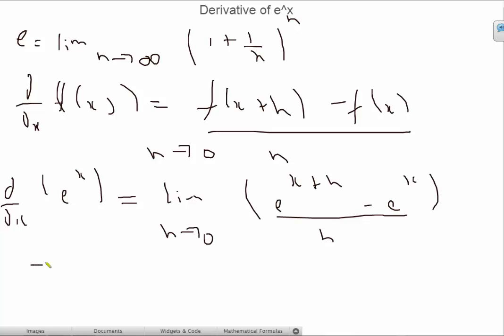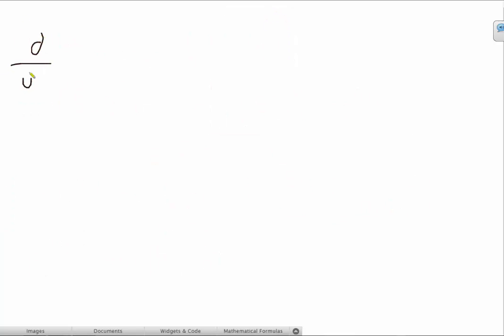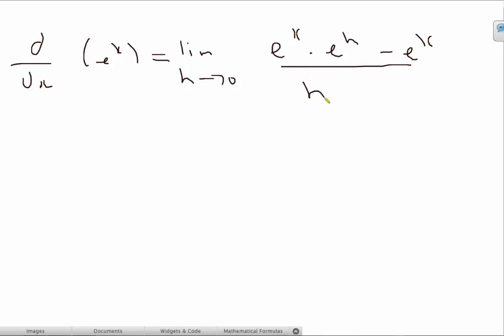And from the basic rules of indices, we know that e^(x+h) is simply e^x times e^h. So we can simplify this further. The derivative of e^x is the limit as h tends to 0 of the expression (e^x times e^h - e^x) / h.